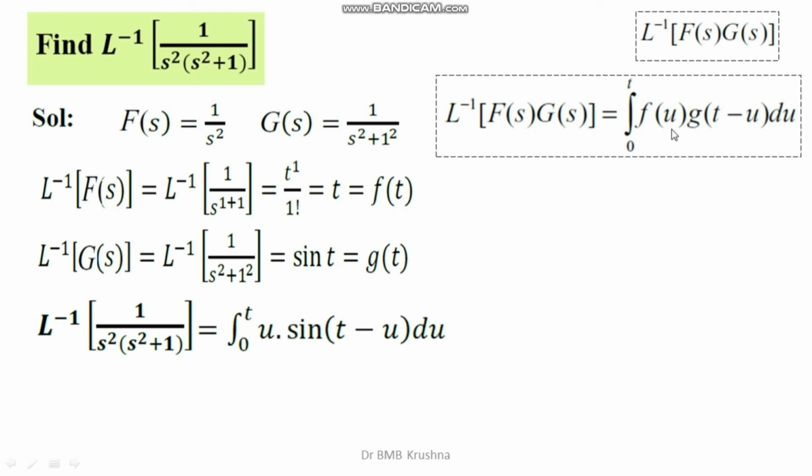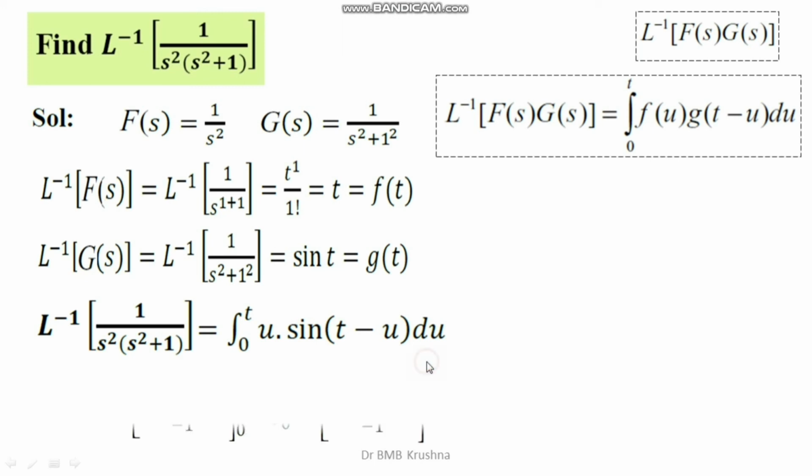Already we know that f of t is t, so f of u became only u. g of t is sin t. For g of t minus u, wherever we have t, that t is replaced with t minus u, it would be sin of t minus u, and integrate with respect to u.